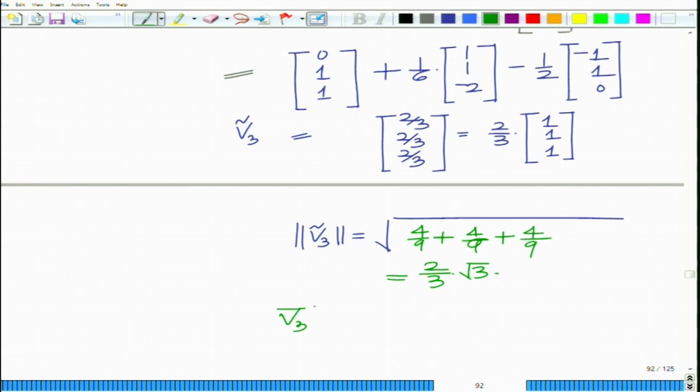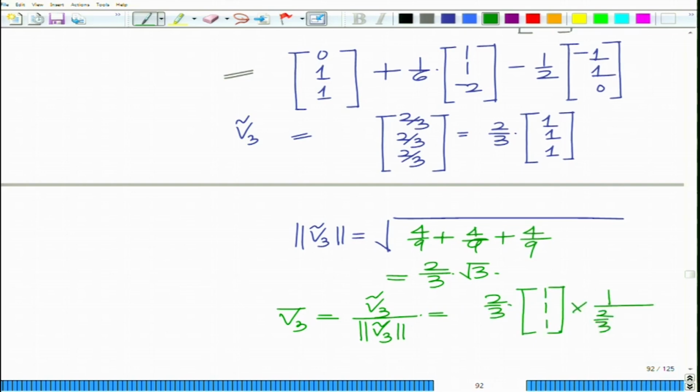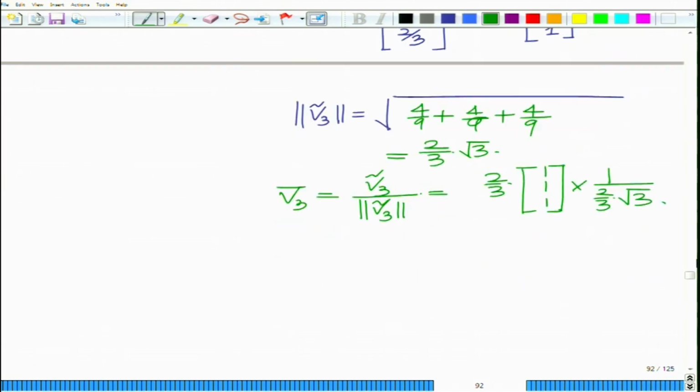And therefore, finally, V3 bar equals V3 tilde divided by norm V3 tilde, which equals 2 by 3 (1, 1, 1) divided by the norm, into 1 over 2 by 3 square root of 3, and that will be equal to 1 over square root of 3 times (1, 1, 1).